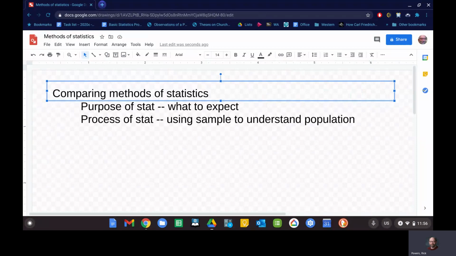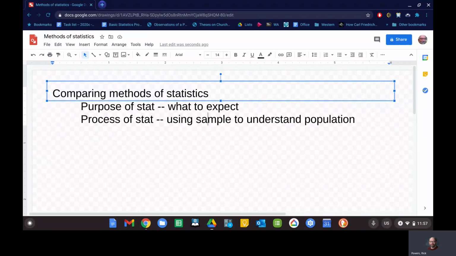Or if I want to know something about how often people go to the hospital, and I make some phone calls, I might get 50 people on the phone. And then I want to ask the question, how are the numbers associated with these people related to all the people in La Crosse, or something like that? All right, so we've talked about the process of statistics.